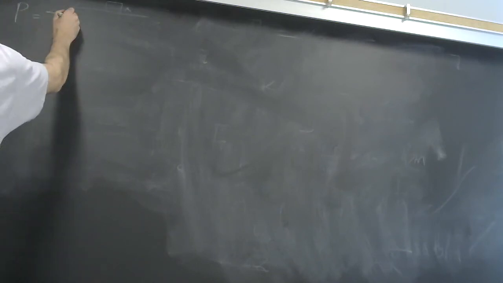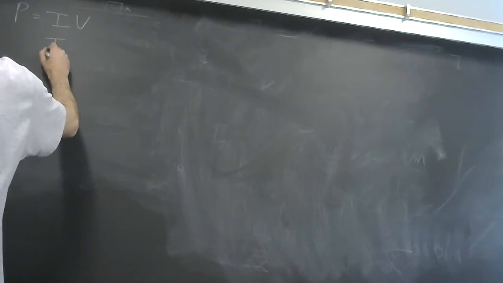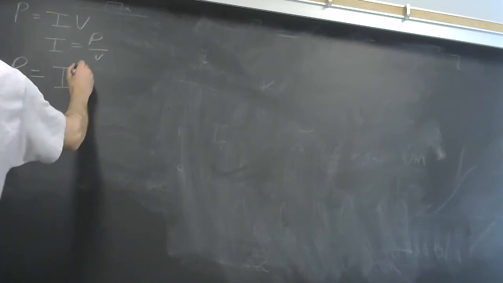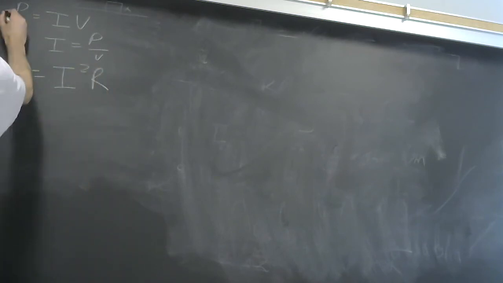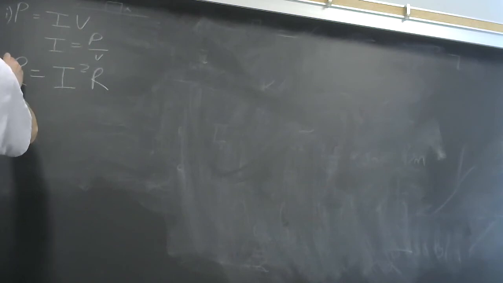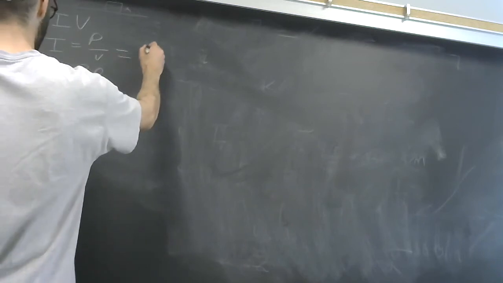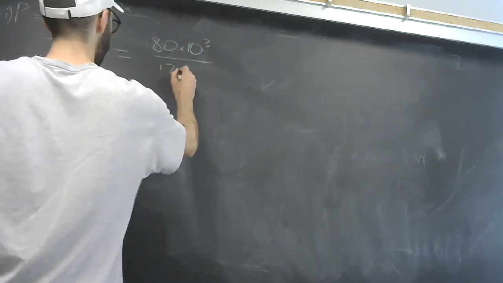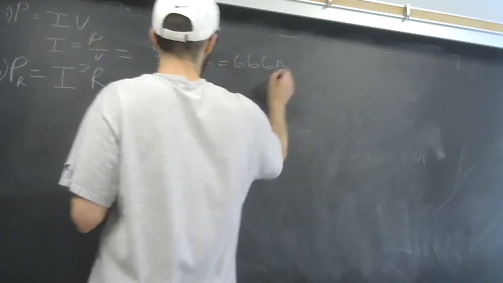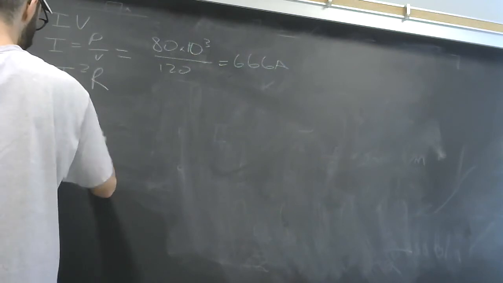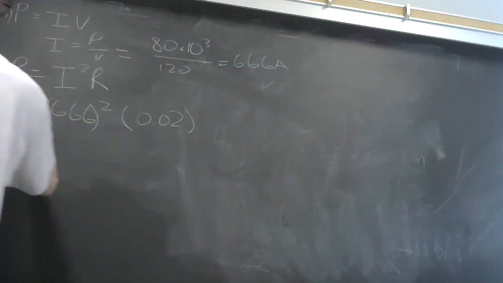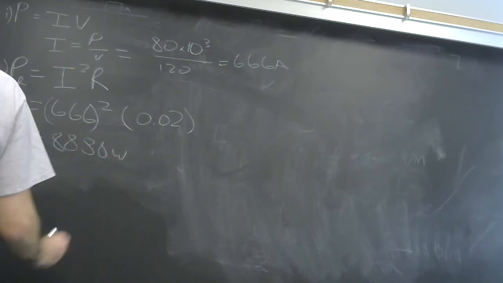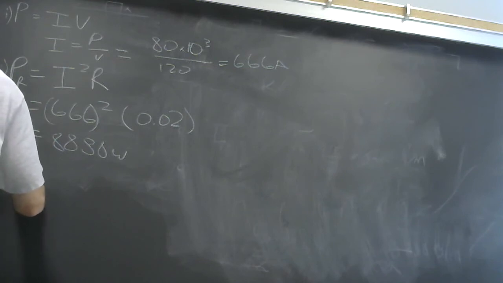So we're going to use P town equals current times V, to solve for I, which is equal to P over V, such that we can plug it into the power of the resistor, equal to I squared R. Given the resistance, it comes out as 8,880 watts.